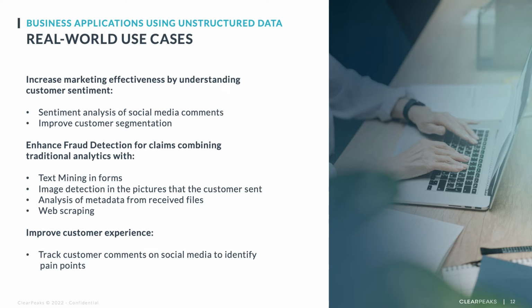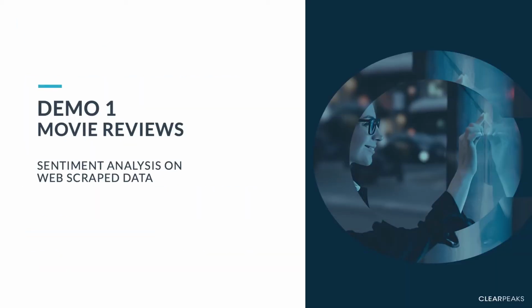From an insurance point of view, we can improve the fraud detection capabilities of the company using text analytics, computer vision techniques, and also web scraped data, combining this with traditional analytics. And this is really important because the fraud field is always evolving and you always need to try to be one step ahead.